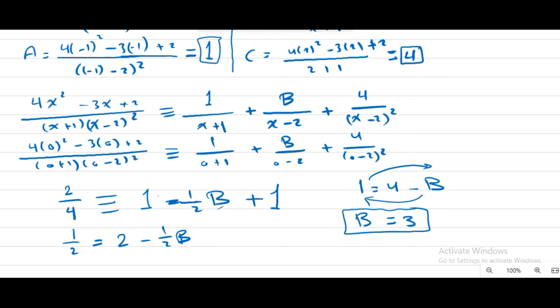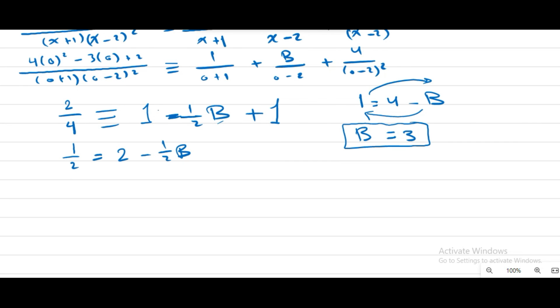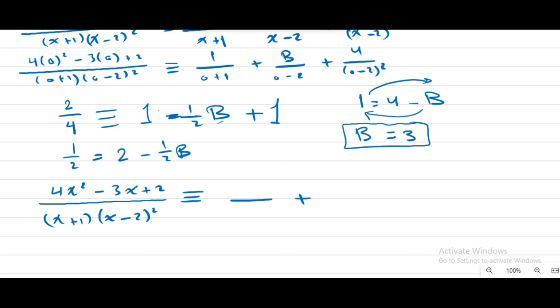And don't forget to write the final form of the expression, which is 4x to the power of 2 minus 3x plus 2 over x plus 1 multiply x minus 2 all to the power of 2 equivalent to 3 fractions: over x plus 1, over x minus 2, over x minus 2 power 2, and put the value of each letter in its place.